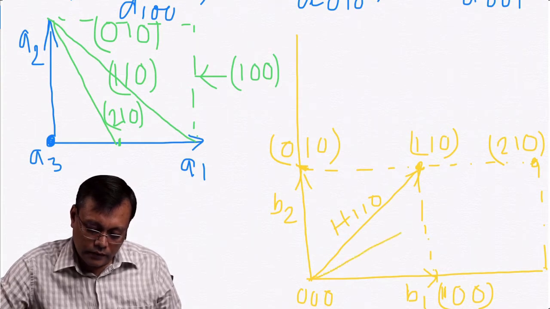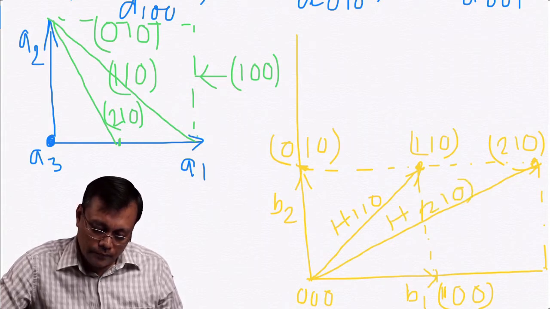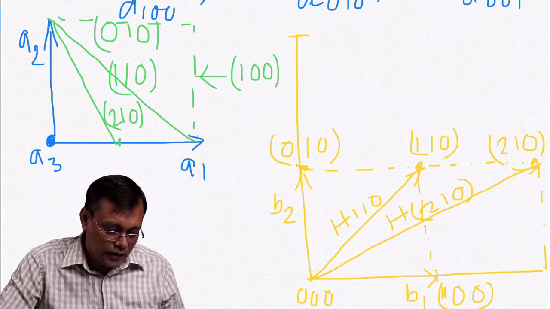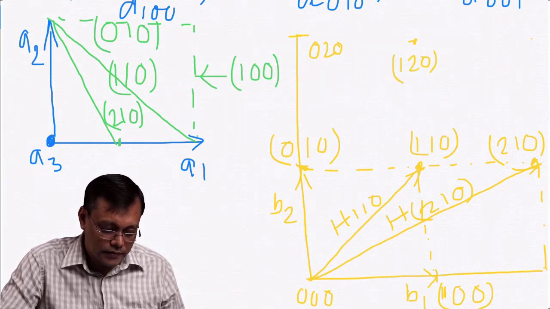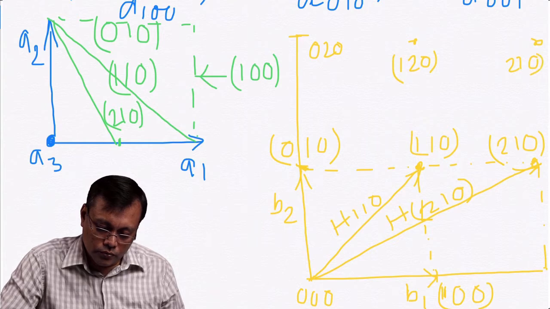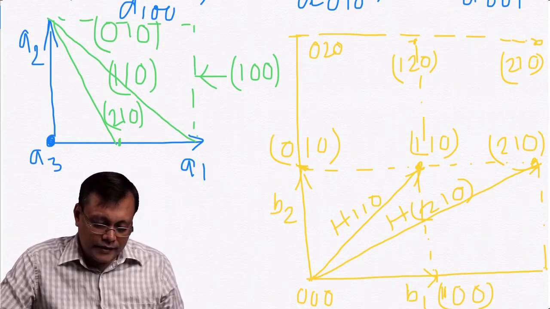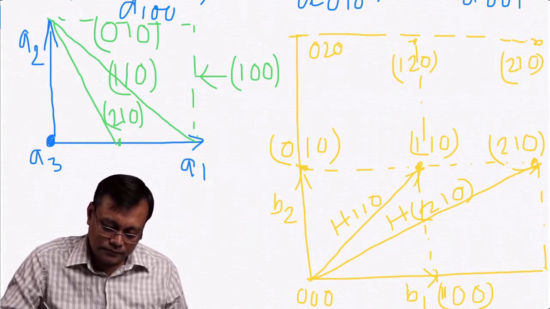I can again draw a particular vector of H, which will be 2, 1, 0. Okay, so this particular point here is 0, 2, 0. This one is 1, 2, 0. Here it is 2, 2, 0. So a vector that is capital H, small hkl.